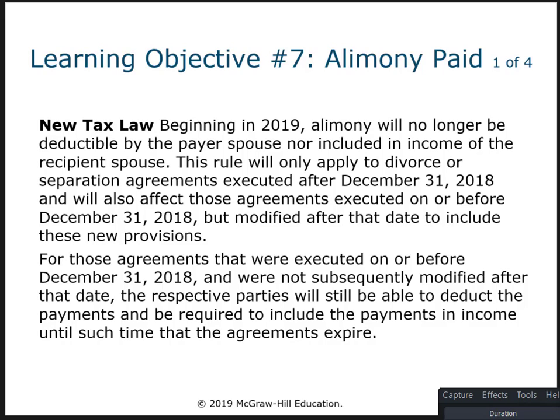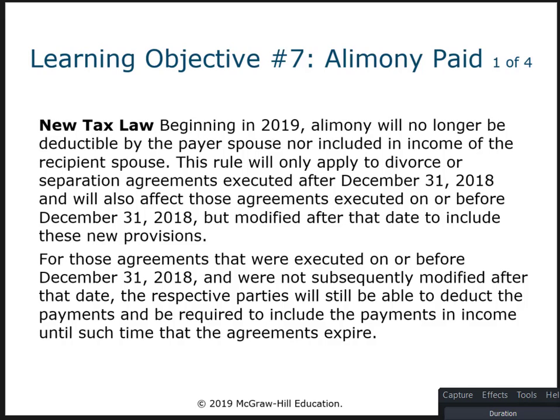Alimony, however, is a much more common scenario on Schedule 1. You'll note that Schedule 1 actually asks for the Social Security number of the spouse paying it, or that you're paying it to, and the date.